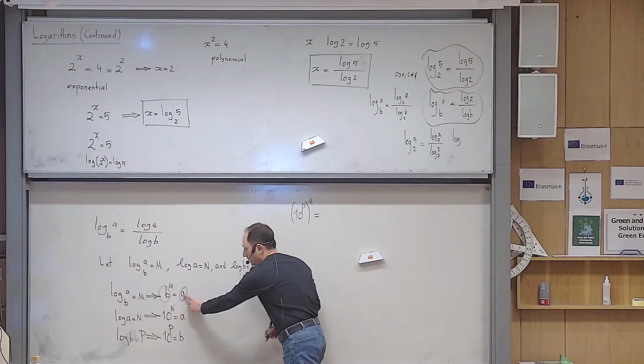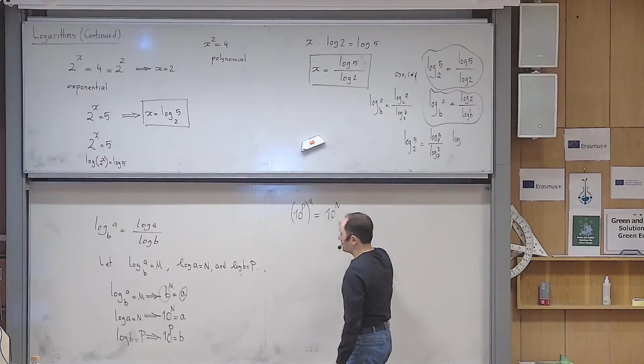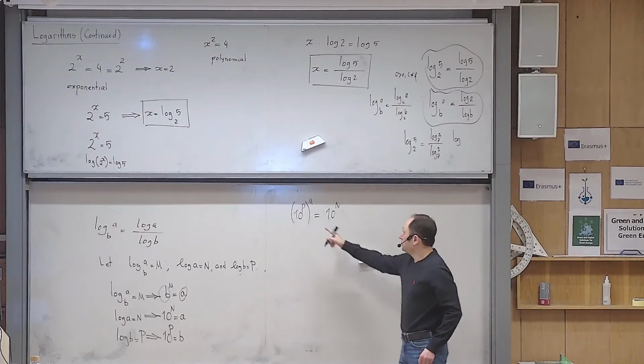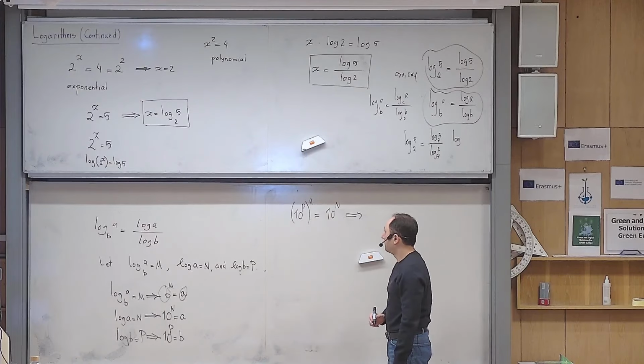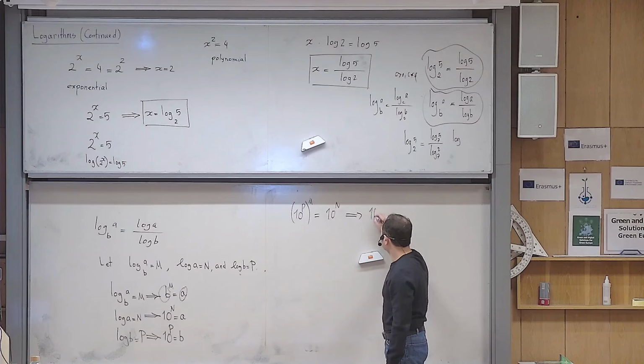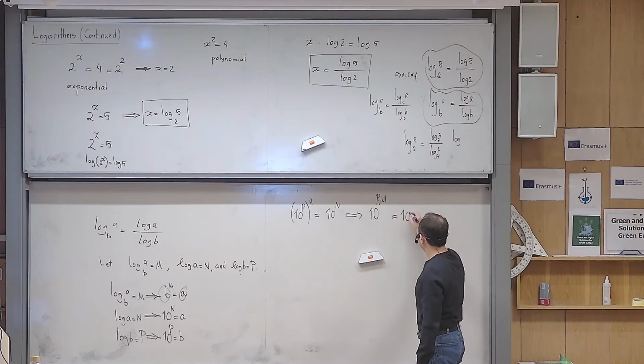Instead of a, I can write 10 to the n. Yes? But do you remember a formula from Math 1C here? 10 to the p and then to the m again. 10 to what? 10 to PM. P times m is equal to 10 to the power of n.